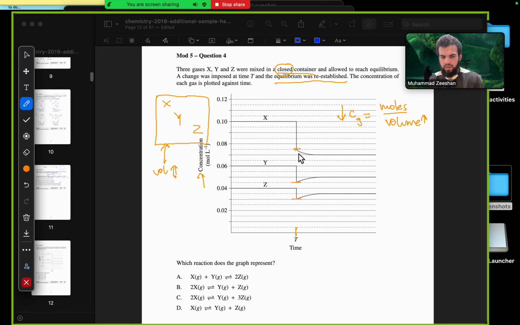So these are the concentrations after the change at time t, and then after a bit more time, you see some change happen in the concentrations. This is the system trying to re-establish equilibrium. So let's see what changes happened. The concentration of X went down. The concentration of Y and Z both went up in equal amounts.